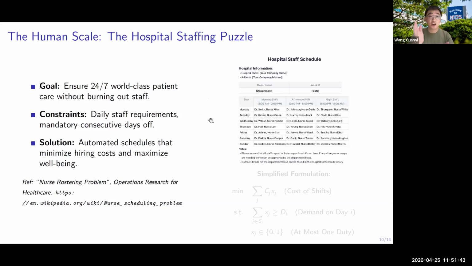They could not work continuously for a very long time, say more than 5 days in a week. As the manager of a hospital, you might look for an automatic scheduling strategy that minimizes the hiring cost. You do not want to hire too many doctors and nurses, you do not have enough space, and you also have budget limits every year. And you also need to maximize well-being.